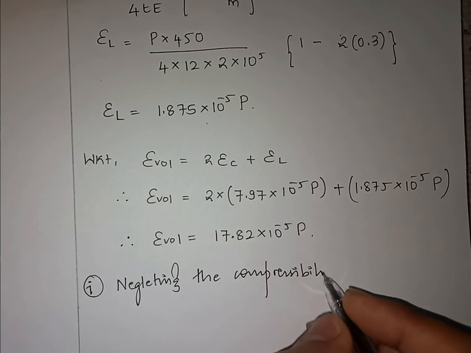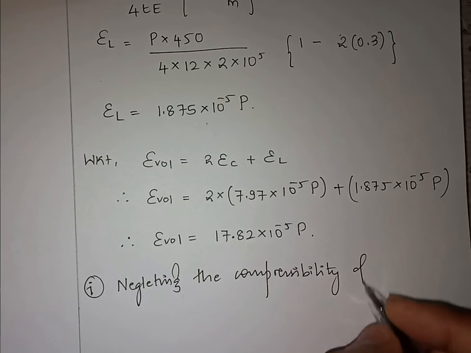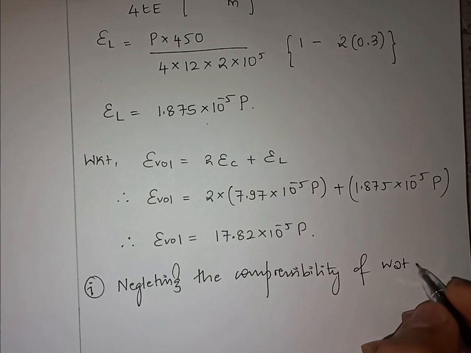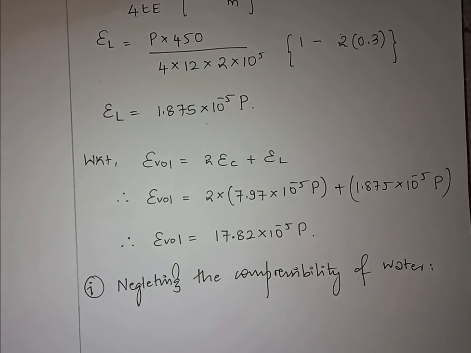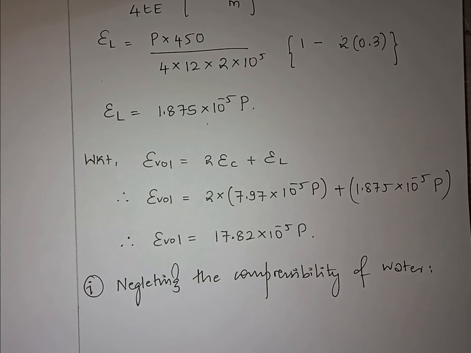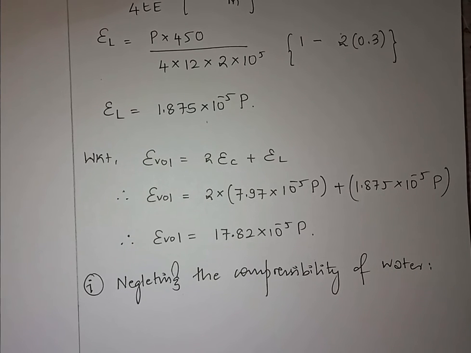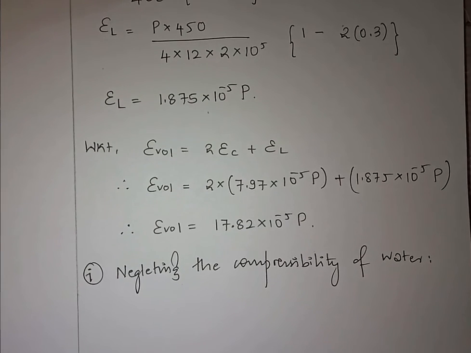In the first case, what is happening? You already have a cylinder which is filled with atmospheric pressure. Now to that you are adding an additional volume of 187 into 10 raised to 3 mm. So when you are pumping an additional volume at a pressure P, what will happen? Volume is going to increase, right? And that is what I am considering here.